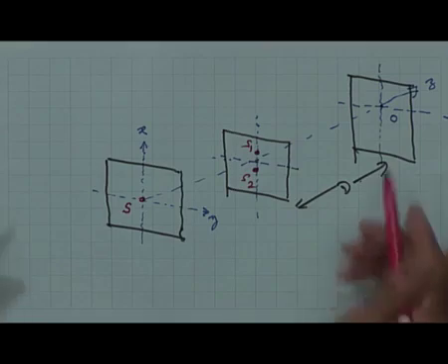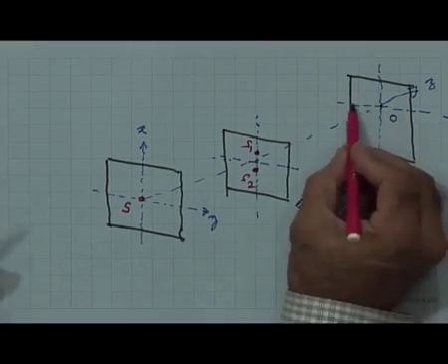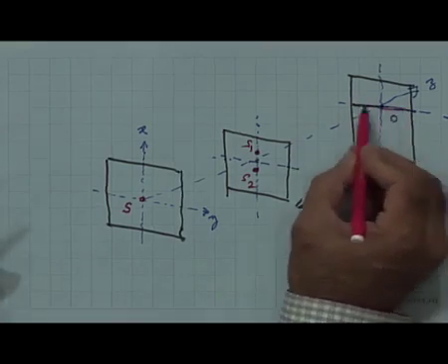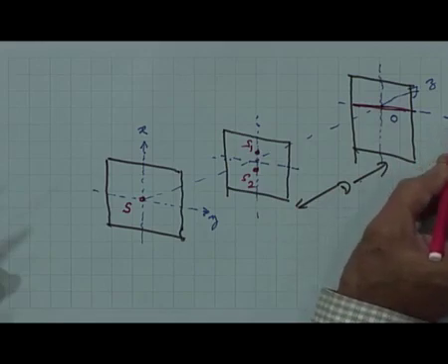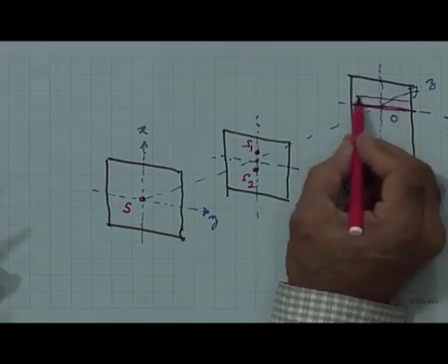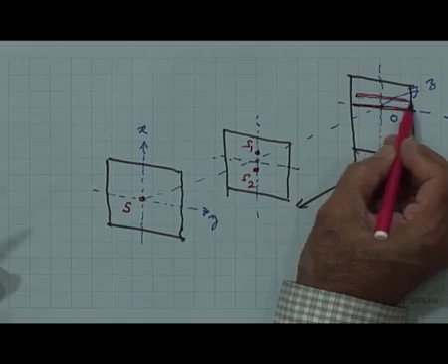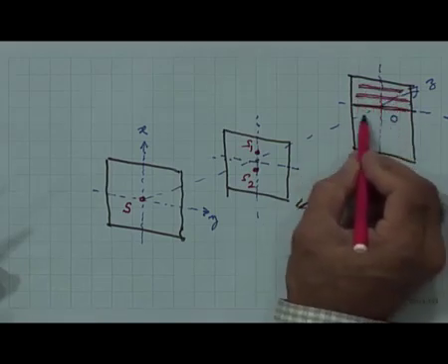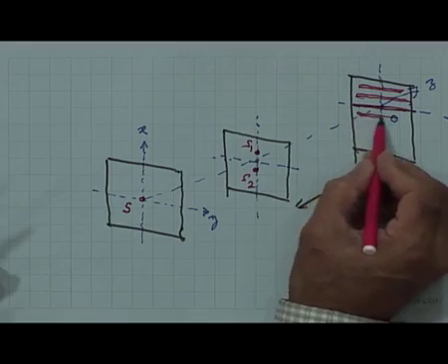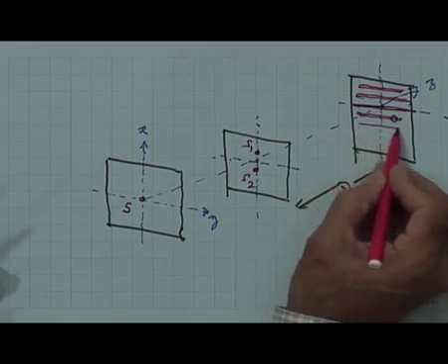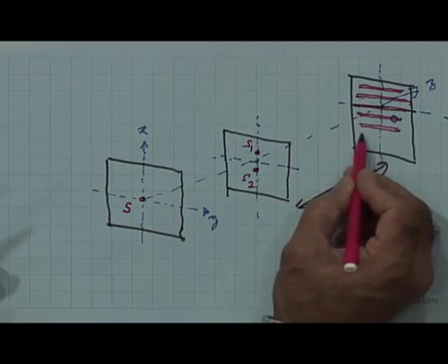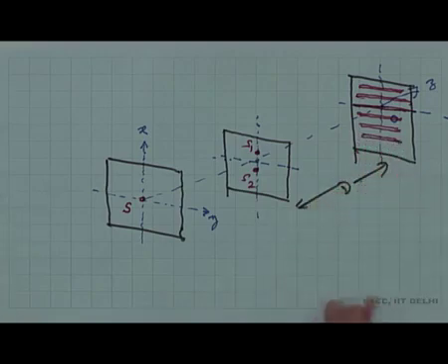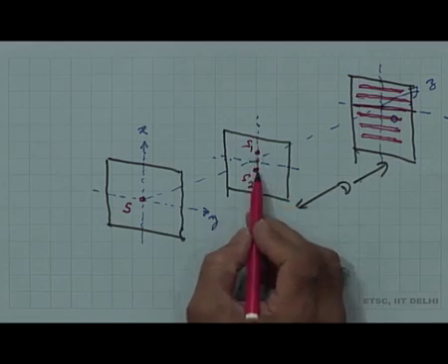We had seen that this gives us a bright fringe here parallel to the y axis, and then we have fringes which are parallel to the y axis because of the two sources.